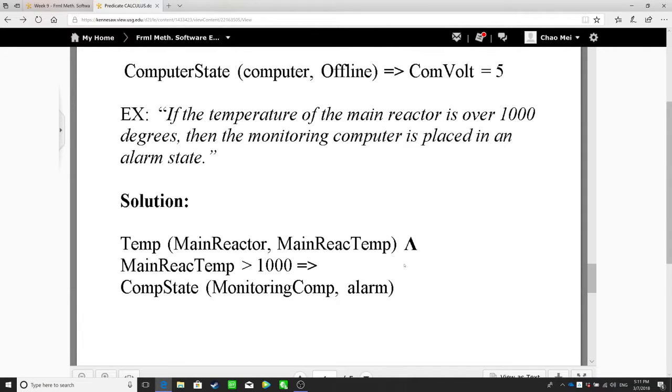And we can connect them with conjunction. It's more like the propositions. We replace the proposition with predicates, and we can also connect them with conjunction, implication, disjunction, those things. Okay, so that's not hard.